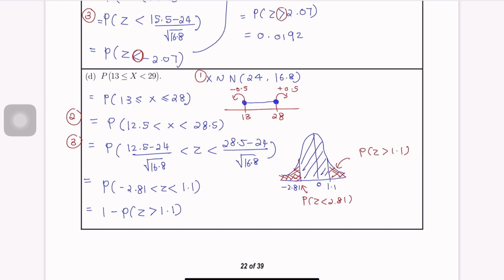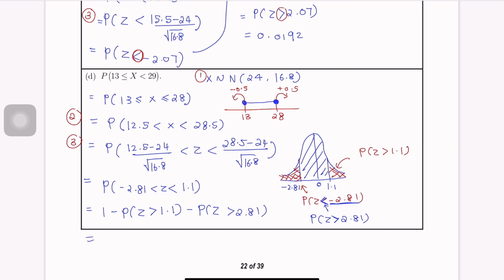Sorry, I forgot the negative, so I write it again. If you want to use the normal table, we need to change this negative to positive. So we simply change less than to greater than, negative 2.81 to positive 2.81, so Z greater than 2.81.